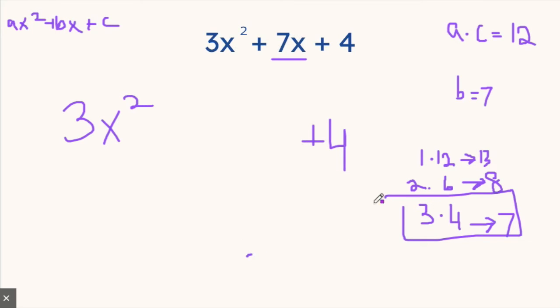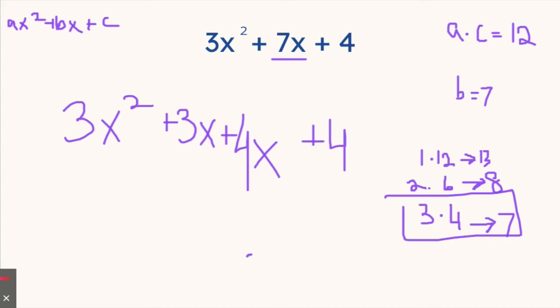In this case, because it's 3, it's going to be plus 3x, and because the second is 4, plus 4x. Now if you were combining like terms, these two are both x's, and when you combine them, 4 plus 3, 7, you would still get 7x. So these are the same exact thing, but you have to split it like this to do the question.